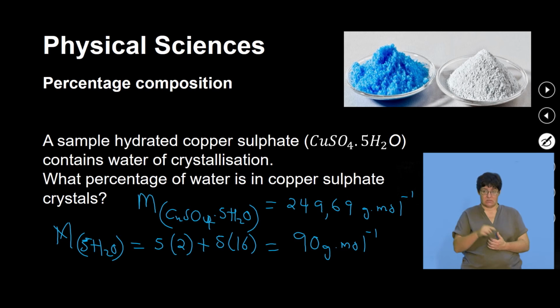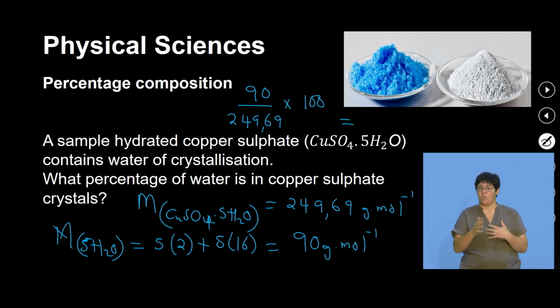Then if we want to express that as a percentage, it's obviously going to be 90 divided by 249.69 multiplied by 100. So whatever we get is the percentage of water of crystallization.